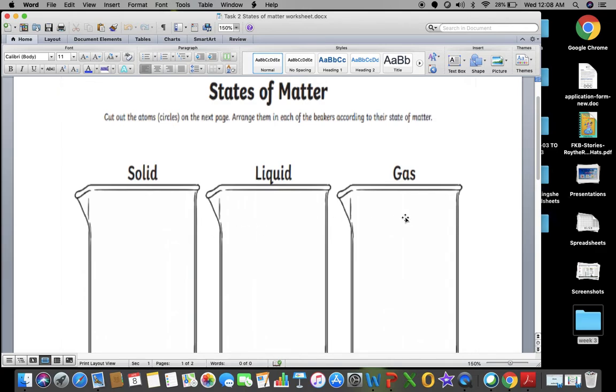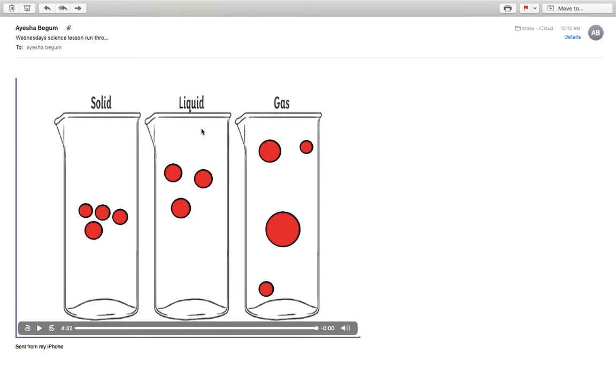You know how the molecules are arranged as we just had a look at. So I want you to draw the particles of solid, liquid, and gas. Make sure you remember the poster, what we saw, how the atoms or the molecules are tightly packed in solid, a bit away in liquid, and spread far apart in gas.